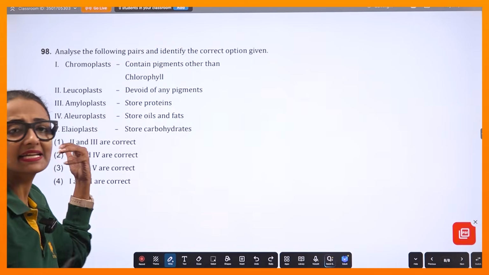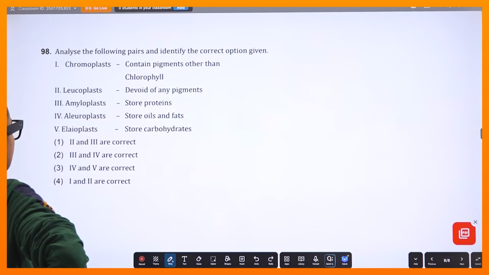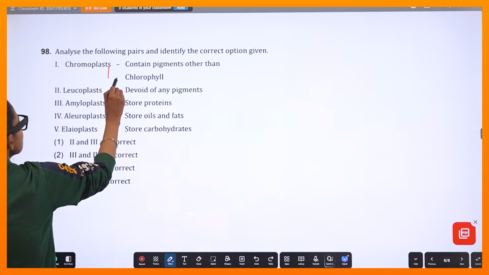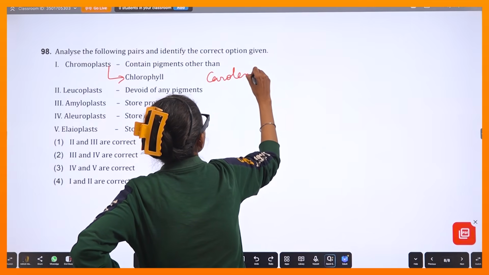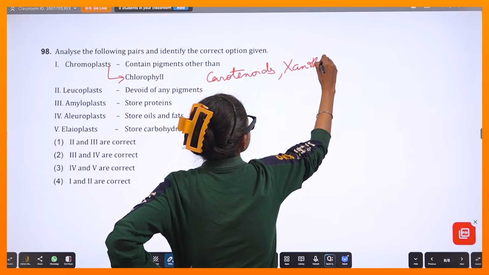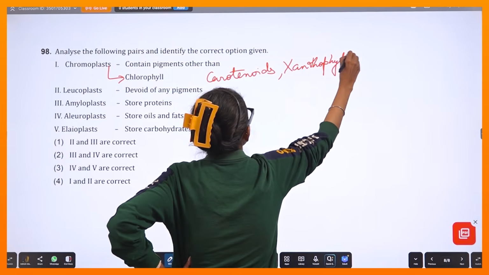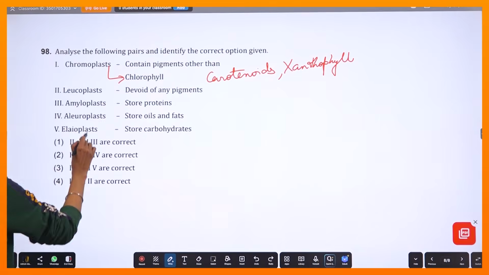This is on plastids. Very easy. Let's see. Chromoplast will contain pigments like carotenoids, xanthophyll, right? Leucoplast, white, colorless.